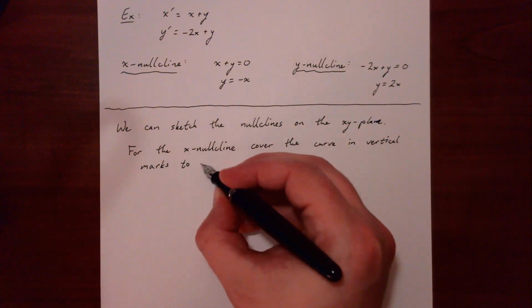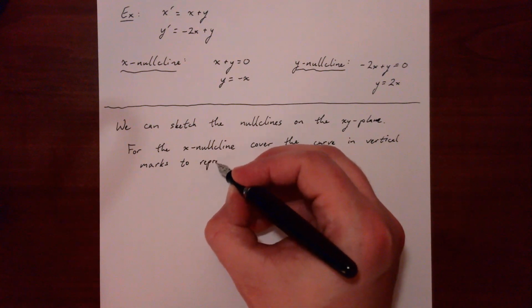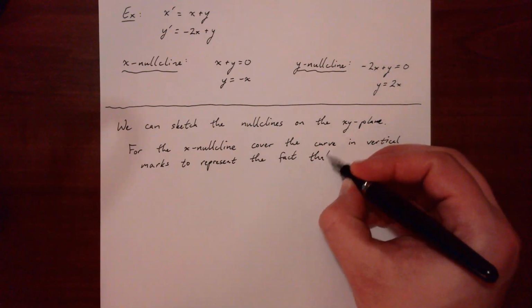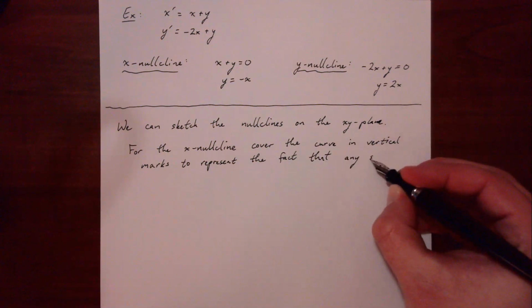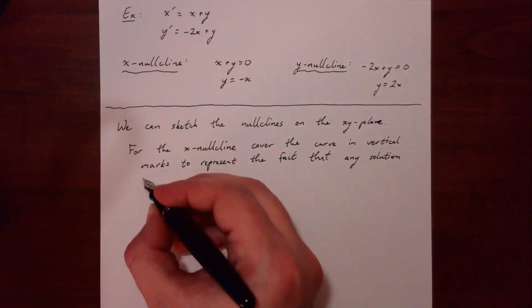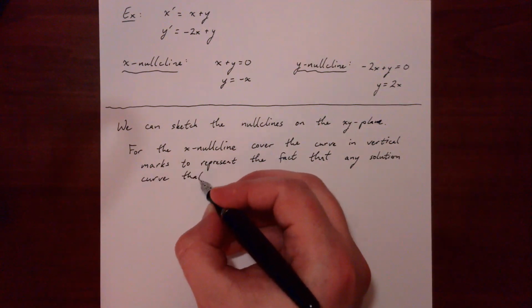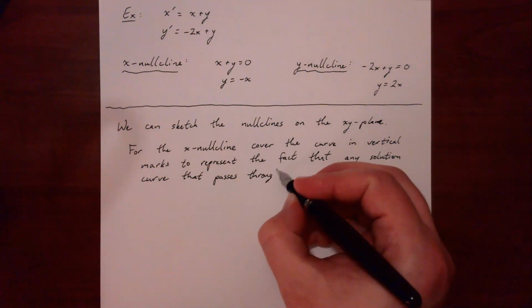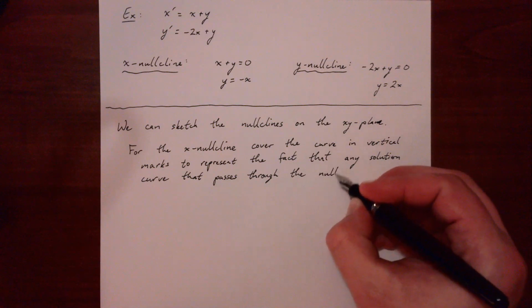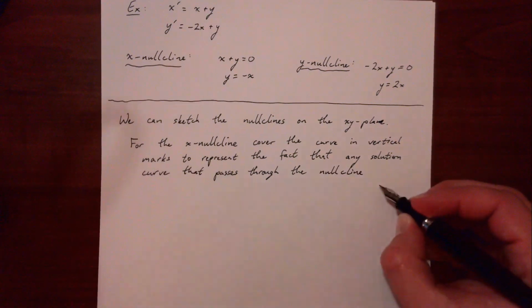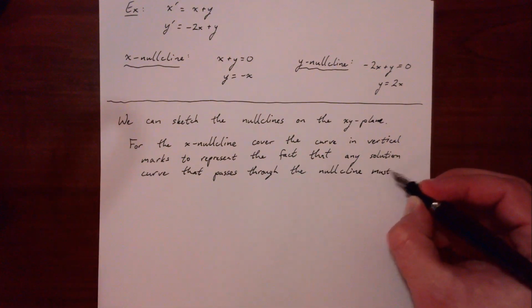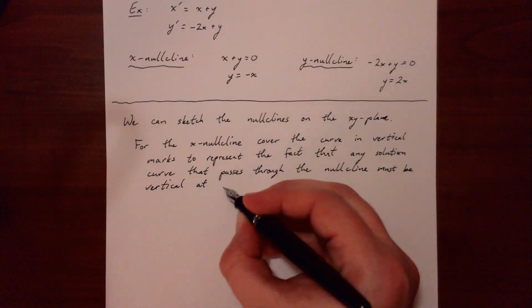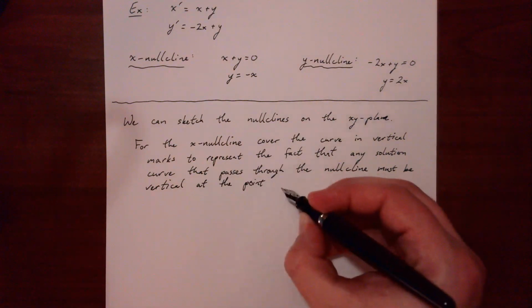To represent the fact that any solution curve that passes through the nullcline must be vertical at the point of intersection.